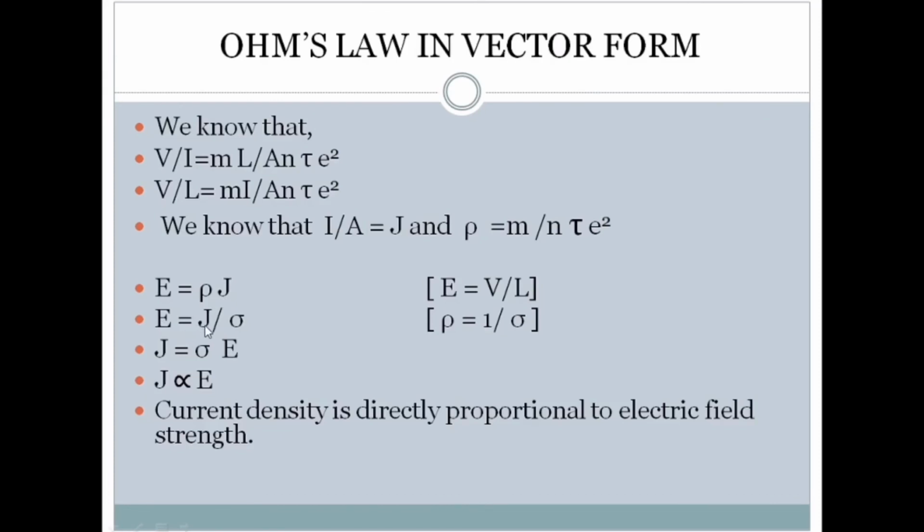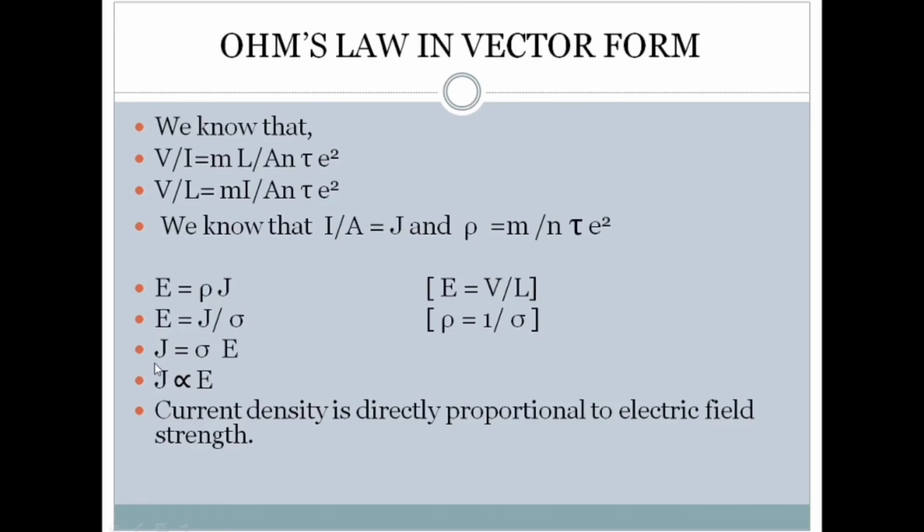E is equal to J upon sigma because rho is equal to 1 upon sigma, where sigma is the conductance, which is the reciprocal of resistivity or specific resistance.